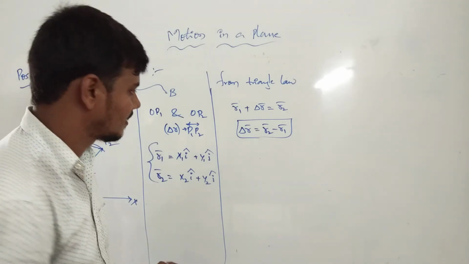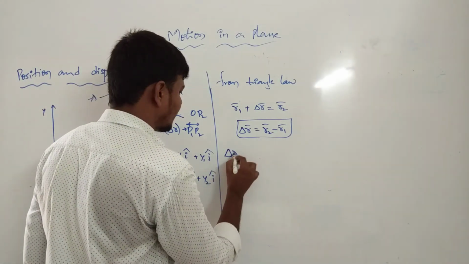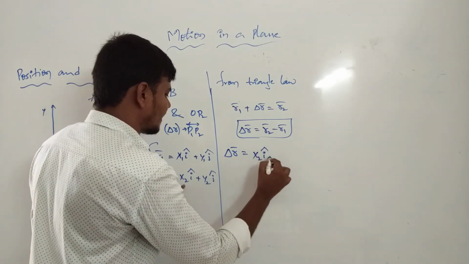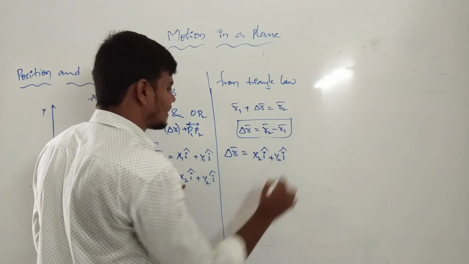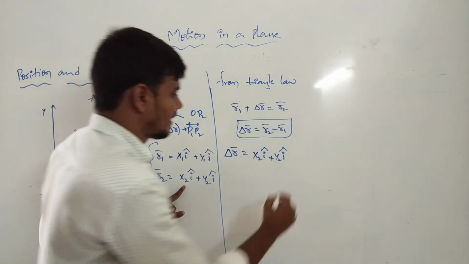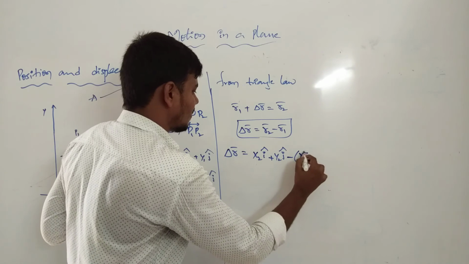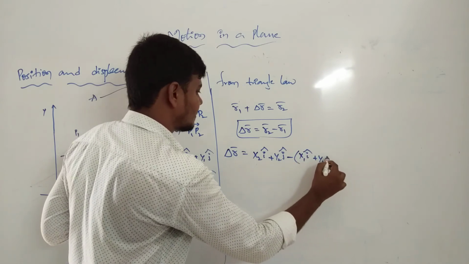So delta R bar equals x2 i cap plus y2 j cap minus x1 i cap plus y1 j cap.